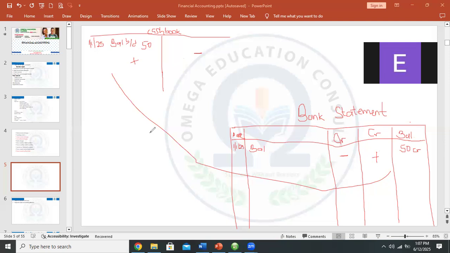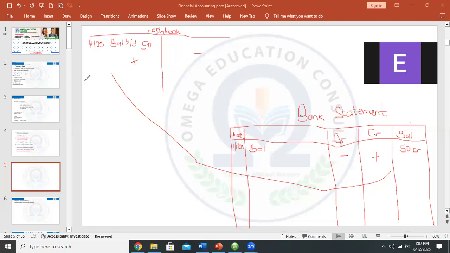Cash always has a debit balance, because you can't spend cash to negative. But bank can assume a credit balance, because you can sometimes spend more than what you have in your bank account. This is possible if you are operating a current account. That scenario where you can spend more than what you have in your bank account is what is termed a bank overdraft.